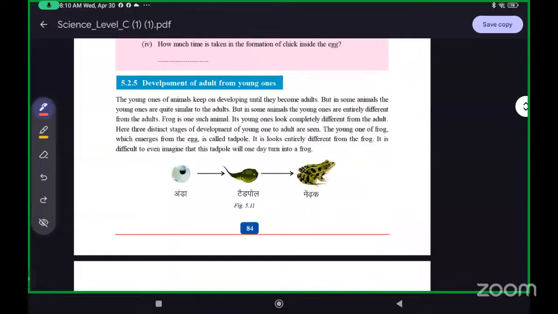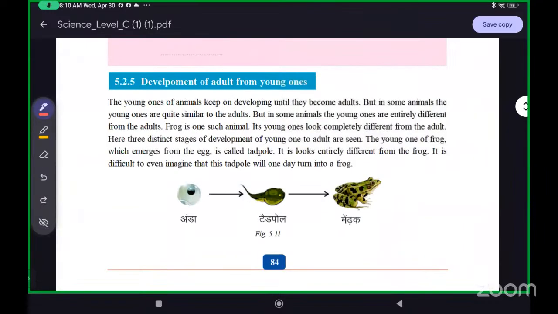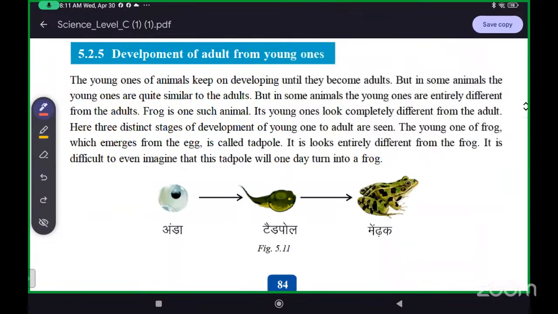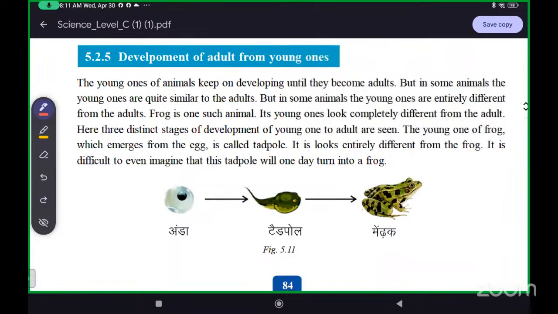Development of adults from young ones. The young ones of animals keep on developing until they become adults. In some animals, the young ones are quite similar to the adults, but in some animals, the young ones are entirely different from the adults. Frog is one such animal.